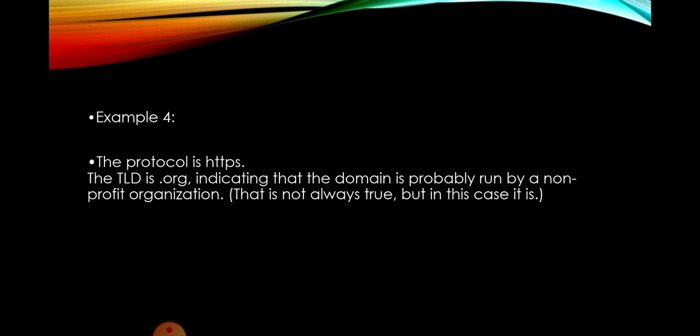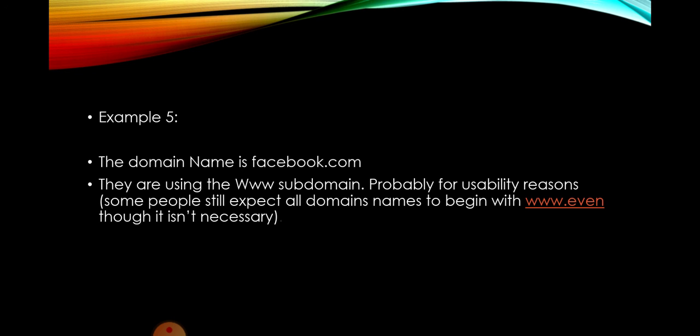Example number 4. The protocol is HTTPS. The TLD is .org, indicating that the domain is probably run by a non-profit organization. That is not always true, but in this case, it is. Example number 5.